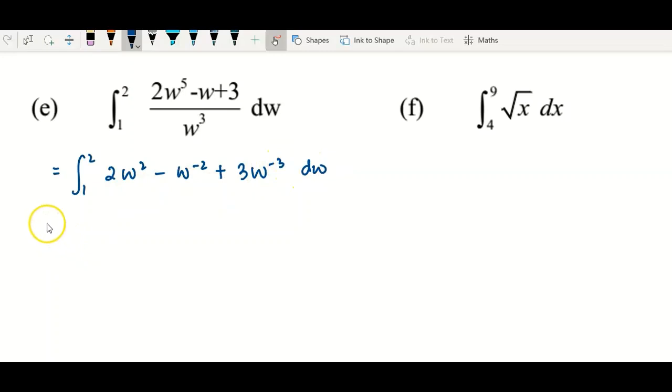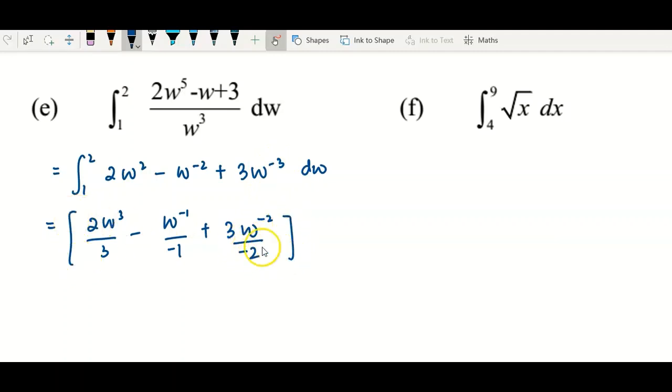Integrate those 3 terms with respect to w separately. Integrate the first term, I got 2w cubed over 3 minus, increase the power by 1, you have w to the power of -1 divided by negative 1, plus 3w, increase this power negative 3 by 1, you have negative 2 divided by negative 2, and put in your lower limit and upper limit.